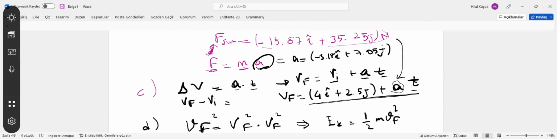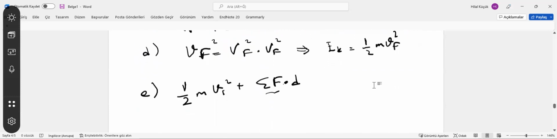How can I find it? I know that part. How can I find D? Find D. I am exhausted as well. We know that formula, delta x, mean displacement, will be.